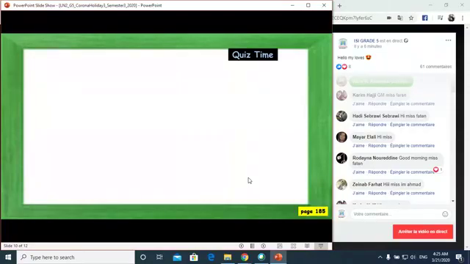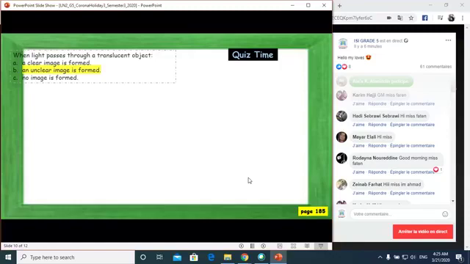We did this together during the office hour on Wednesday with some of you. When light passes through a translucent object, we will get an unclear image of the object.